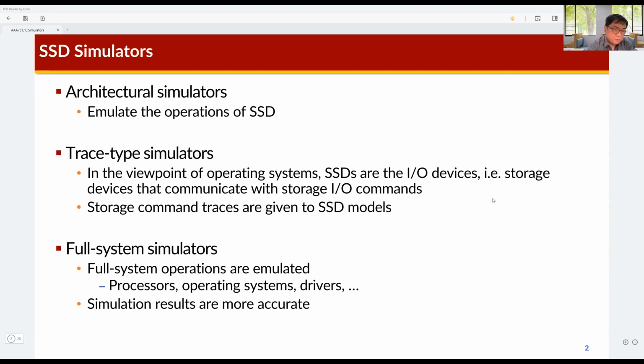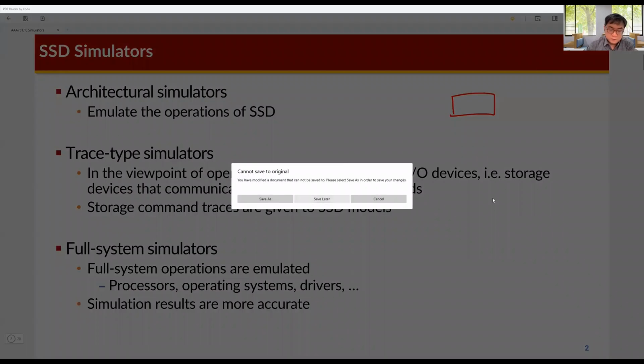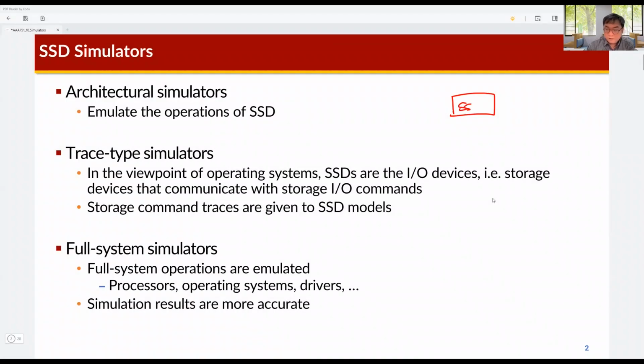Trace type simulator means that, as you know, in the first class, I explained the SSD is just an IO device. The SSD is here, and it is connected to the host system via storage interfaces. The host system just sends IO commands such as read, write, or erase commands to the SSD.